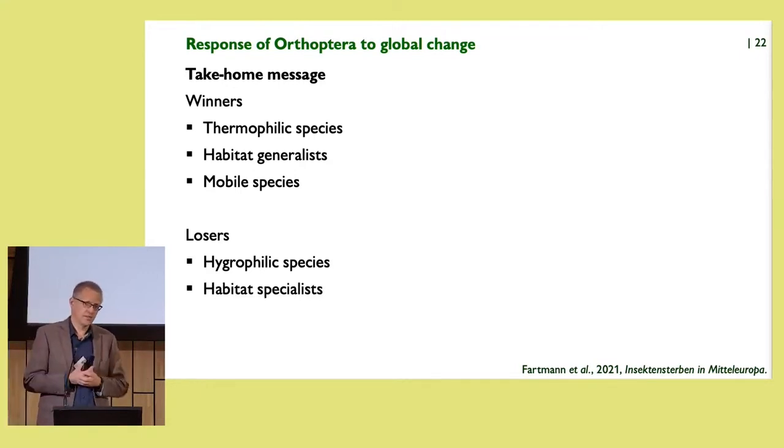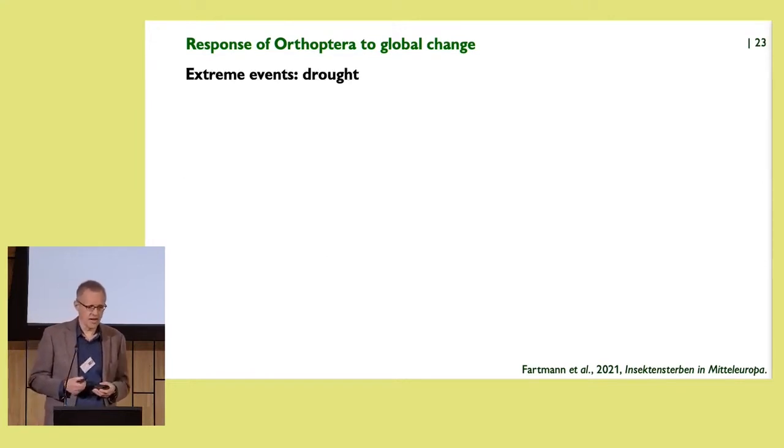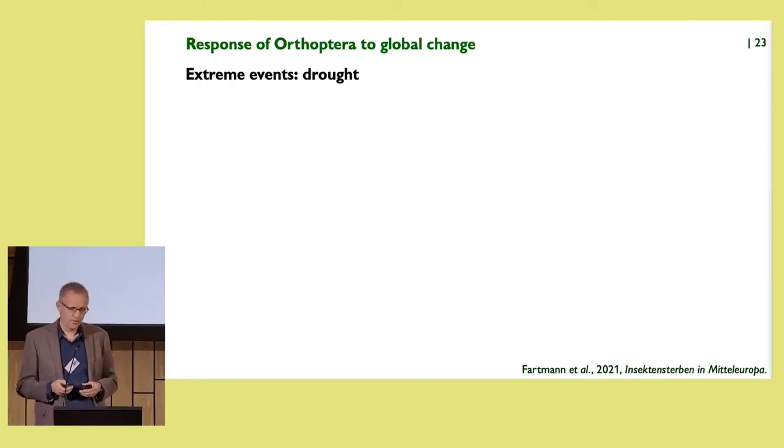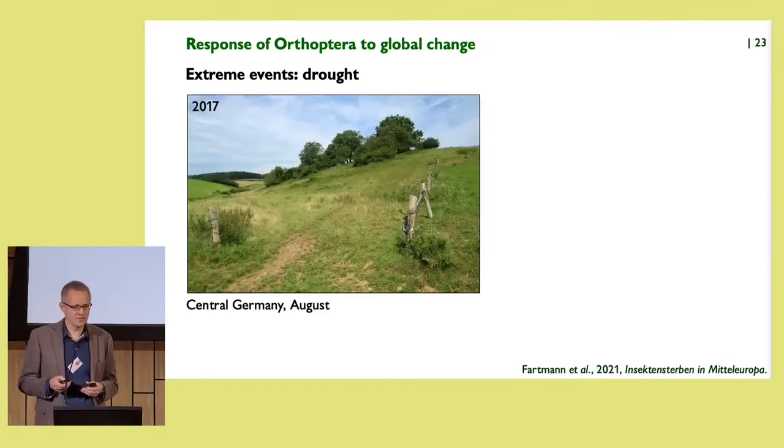And we had severe heat waves and drought periods during the last years, and nowadays it's so that there are also other species than hygrophilics that suffer from such extreme events and that start to decline. And I'd like to show some slides that show such summer drought events.